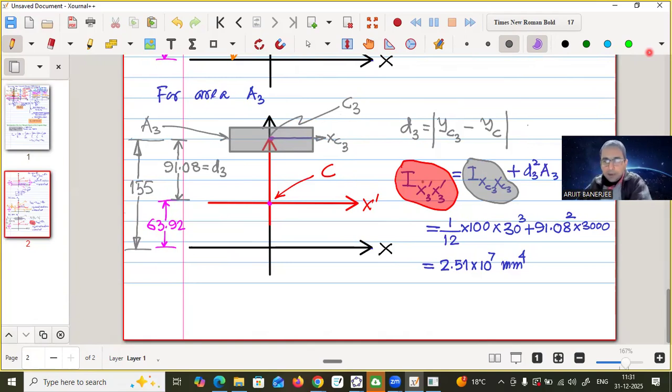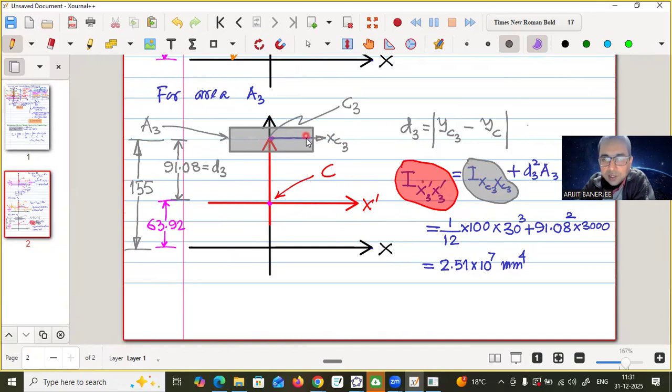What is the meaning? The left hand side that I have highlighted with red is the moment of inertia of the third area about this red axis. And the first term on the right hand side is the moment of inertia of the same area about this axis. That means this is the centroidal axis.